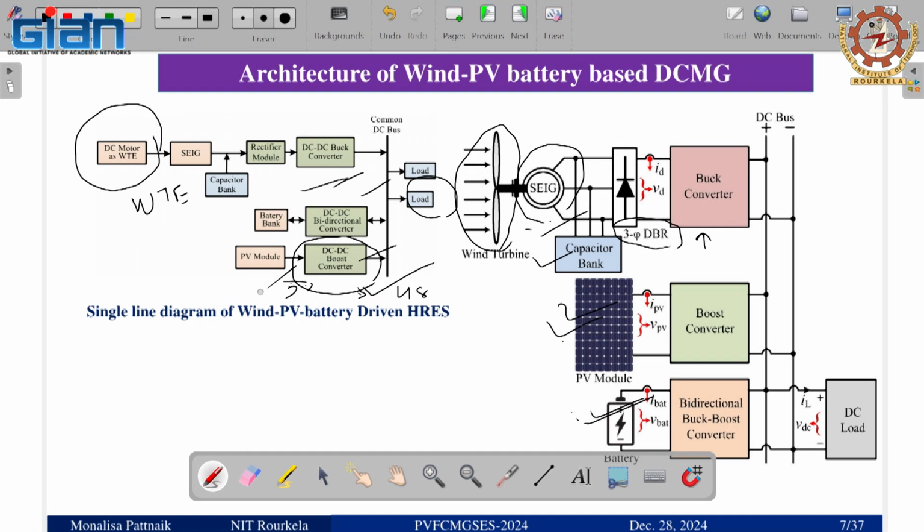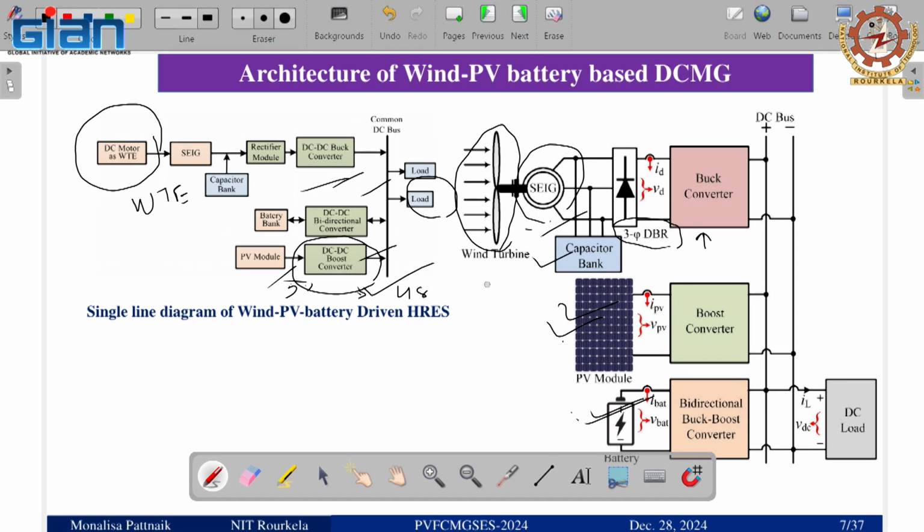We will model the wind turbine first in MATLAB and then dump it to the controller, and we will regulate the armature current so that it gives the characteristics of a field wind turbine.